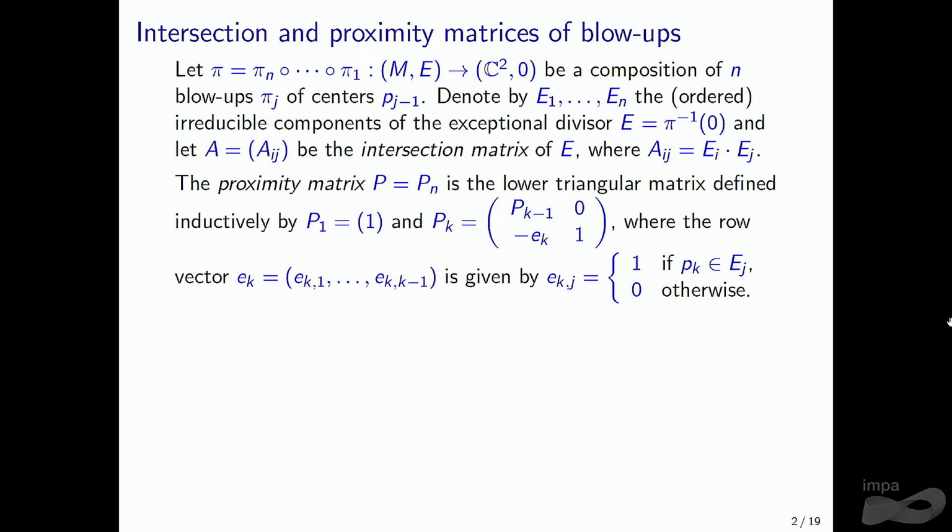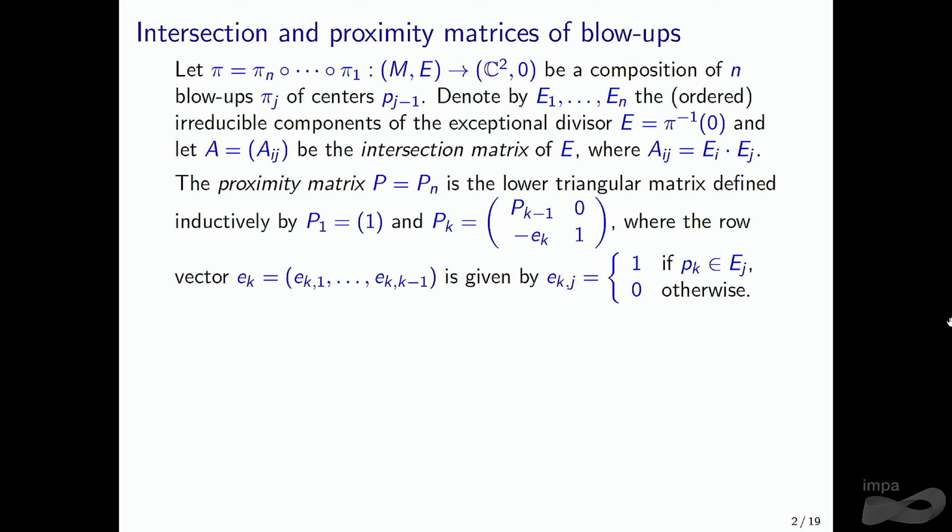Then we also introduce the proximity matrix that is well known to specialists in algebraic geometry, but I did not know of its existence. We rediscovered it while we made this work, and it is defined as the lower triangular matrix.